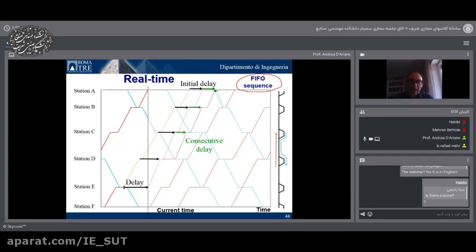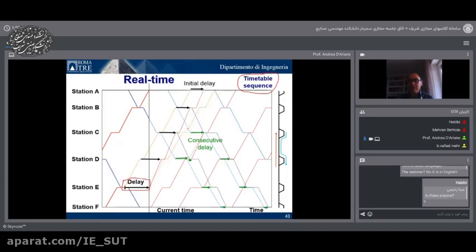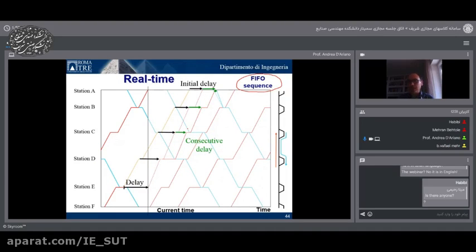As you can see, this is another possible solution to the rescheduling problem. And then you can see that the consecutive delays are different. There is a very big difference in these cases. Now the question is, what is the best approach? The timetable sequence, the first in, first out sequence, or another possible sequencing? Answering which is the best possible sequencing is finding the optimal solution to the rescheduling problem.